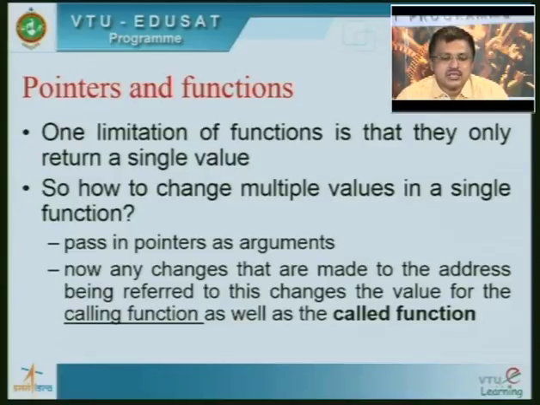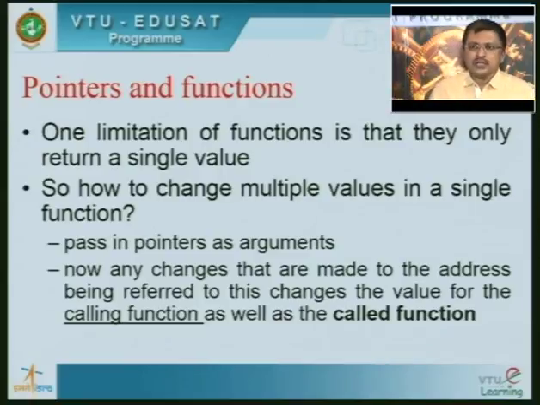So, now the question is how to change multiple values in a single function. You call a function from a function. The function which is making the call is called the calling function, and the function which is called is the called function. So, what the calling function will do is pass in pointers as arguments.